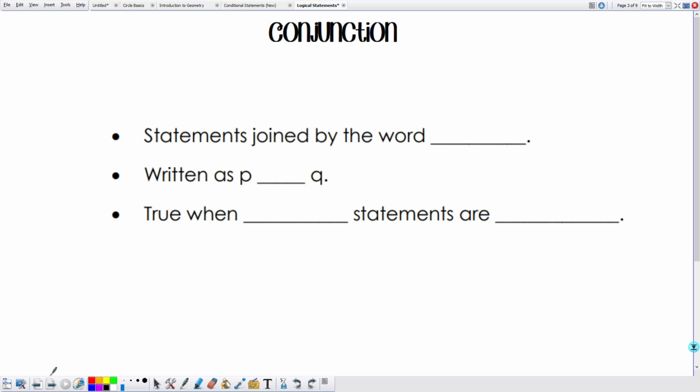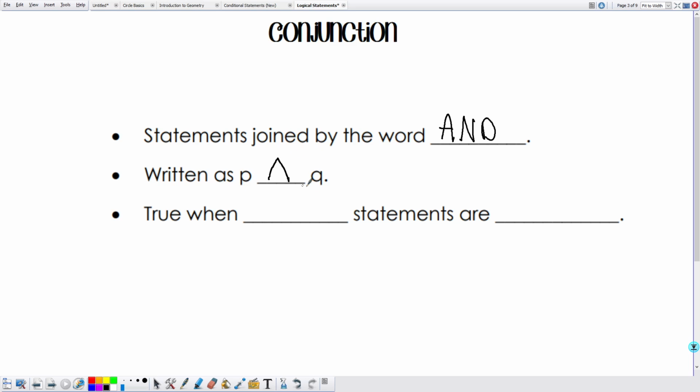Okay, after that, we have conjunctions. This is when we have two or more statements and we're joining them together using the word and. Symbolically, think of two statements, P and Q. The symbolic way to write and is kind of like an up arrow, or I think of it as an A without the line going through it.